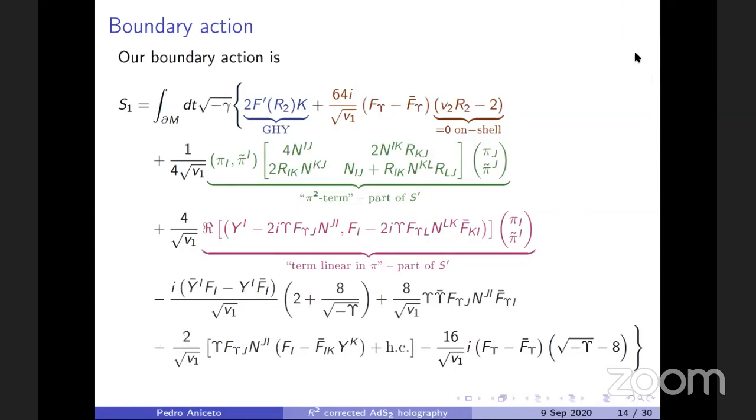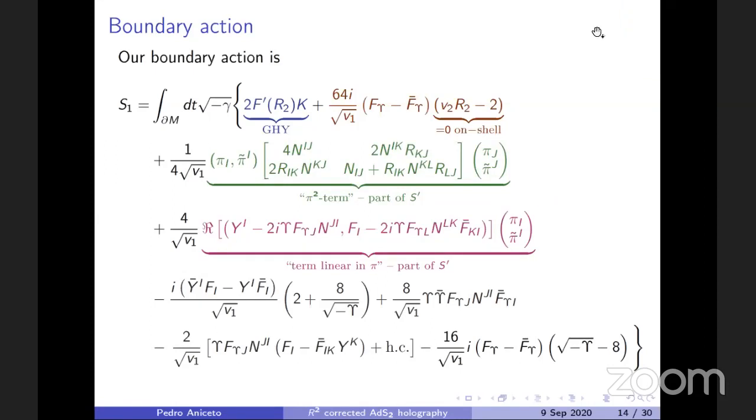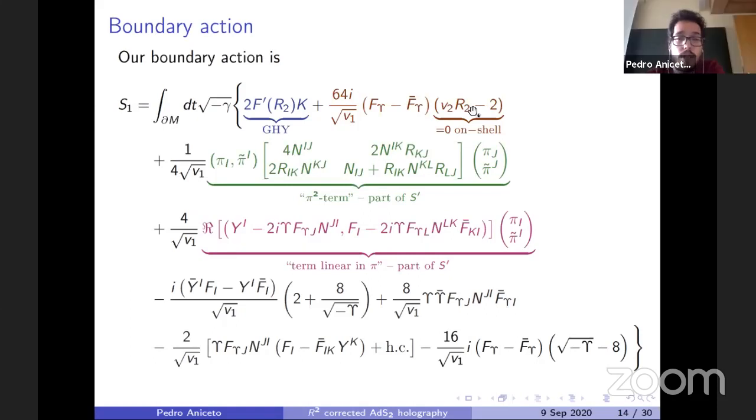I have a question, Samir. At the end of the day, the equation of motion has two derivatives or more? At the end of the day, the equations of motion will end up having only two derivatives, yeah. So the higher derivatives do not appear? The boundary terms are such that they don't appear. They appear for the well-defined variational principle, because the variational principle is done off shell, and then it will be evaluated on shell for the renormalized action.